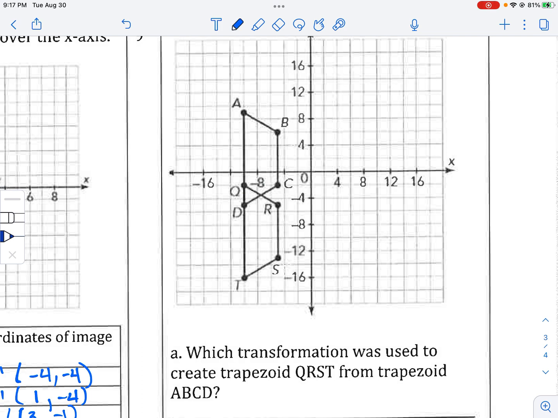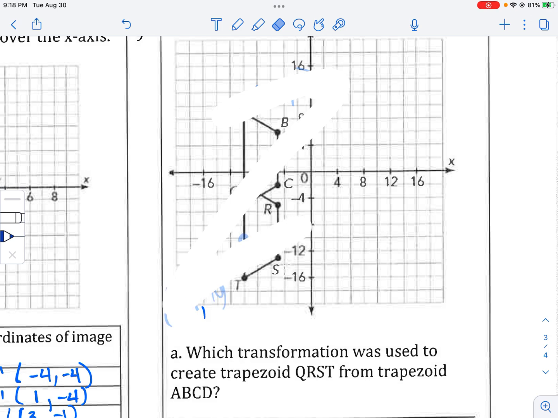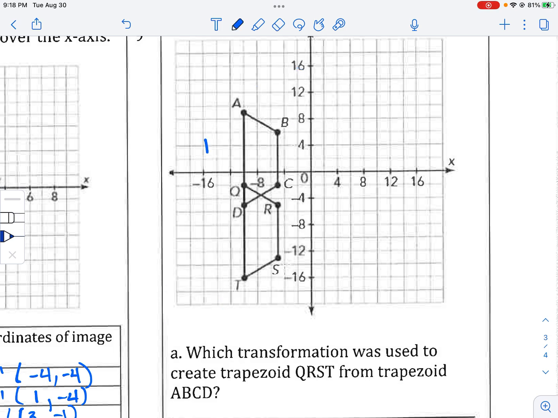Okay, if it was going to be a rotation, this would have gone from negative 10, 9, and it would have gone down here to negative 9, negative 10. So let's look. Negative 9, negative 10. That would have been a point here. So nope, it's not a rotation. So that means it must be a translation.